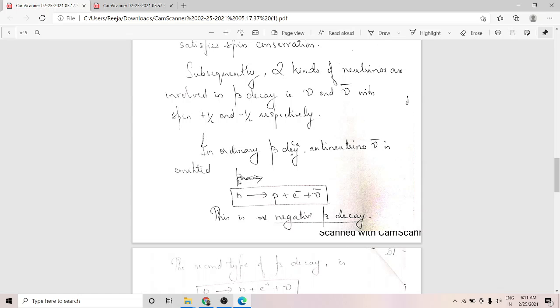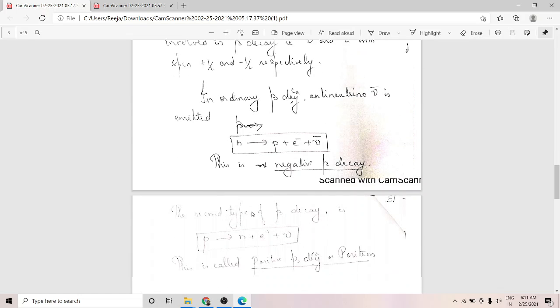So here neutron has spin half, proton spin half, electron spin half, and the antineutrino spin minus half, so that spin is conserved. This is called negative beta decay. That is, neutron getting converted to proton, electron, and antineutrino, what we call the ordinary beta decay, is actually negative beta decay.